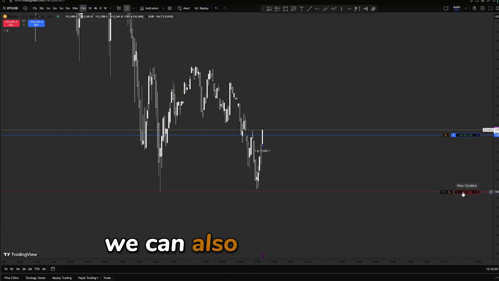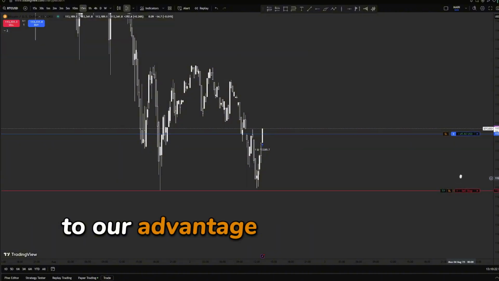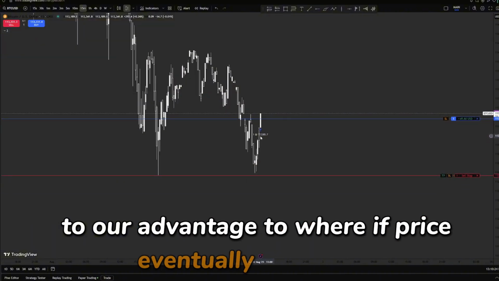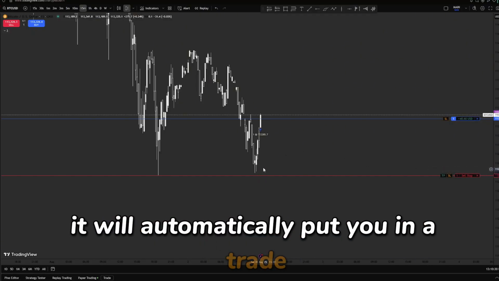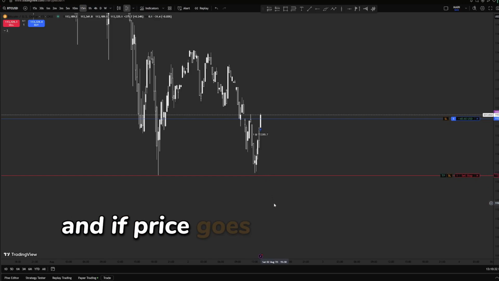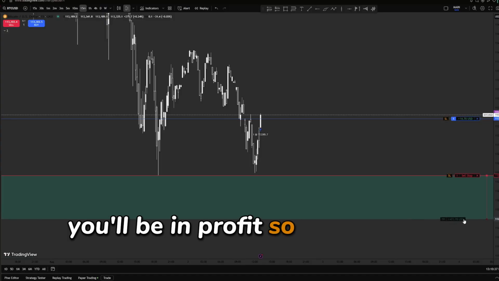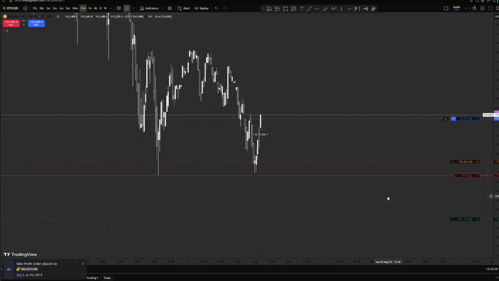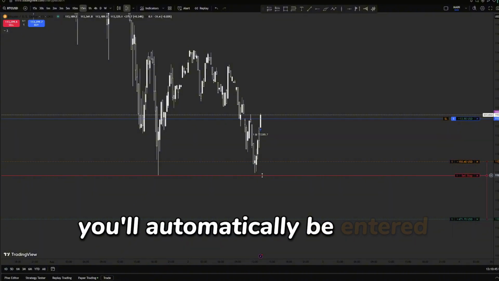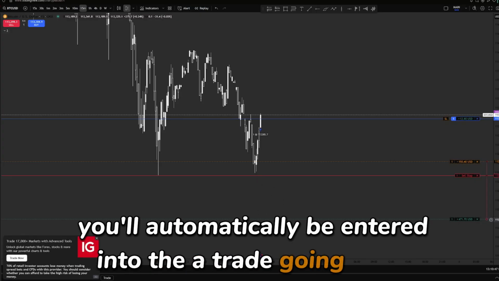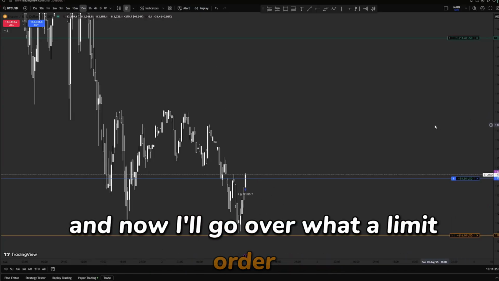However, we can also use this to our advantage, to where if price eventually breaks out and you're not in a trade using a stop order, it will automatically put you in a trade, and if price continues in this direction, you'll be in profit. So like imagine here, if price comes down to here, you'll automatically be entered into a trade going down. And now I'll go over what a limit order is.